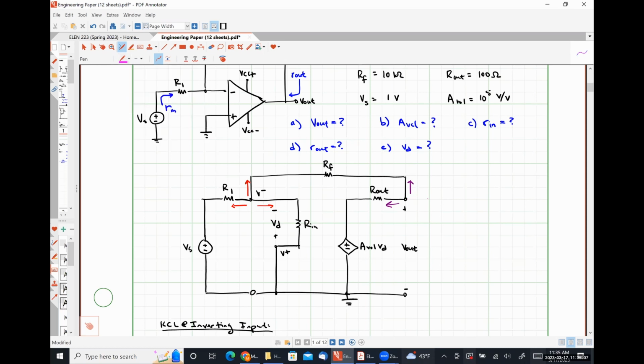I'm just going to modify this drawing here and make a note that this is the Norton current that we're trying to find. Okay. How is this going to change the KCL equations that we've already written?